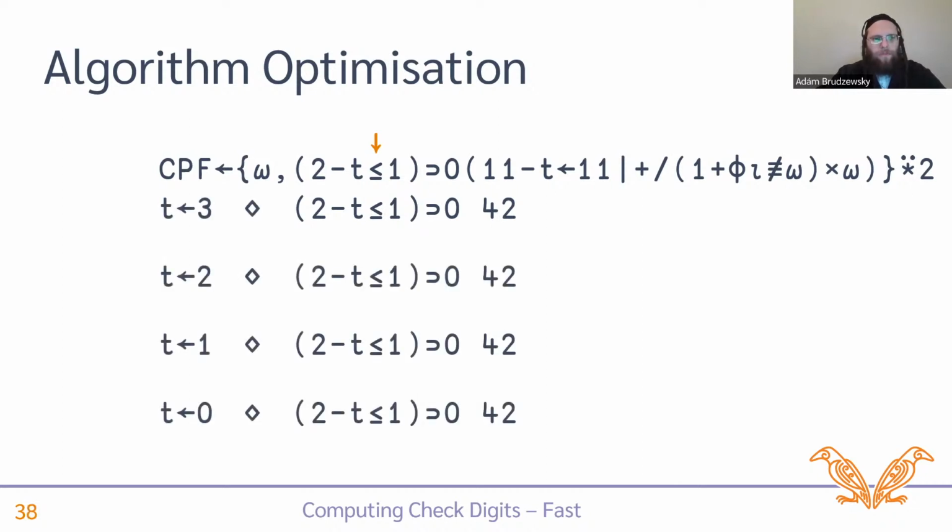So here are the numbers with t from 0 to 3, right? The cutoff is between 1 and 2. And the results, well, when the condition holds, then we get a 0. And when the condition doesn't hold, we get 42. And so there's a trick you can often use in APL.